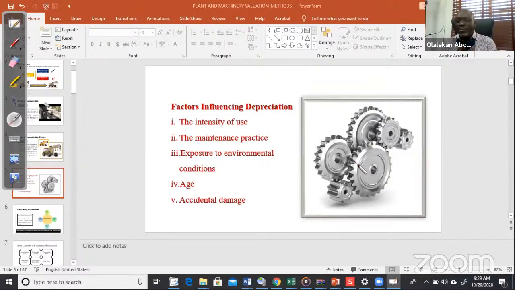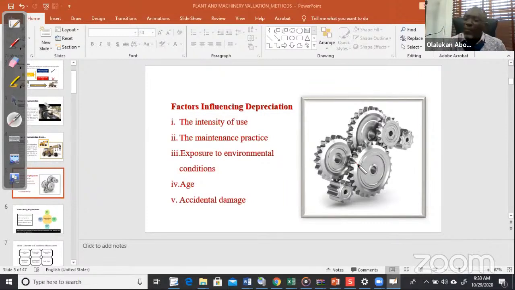Things that make depreciation feature. So there I have the intensity of use. If you have two assets, one is intensively used, the other one is not intensively used, depreciation will not be the same. They will not depreciate at the same level. And that's why the question of effective year or effective age is featuring more now in the literature.